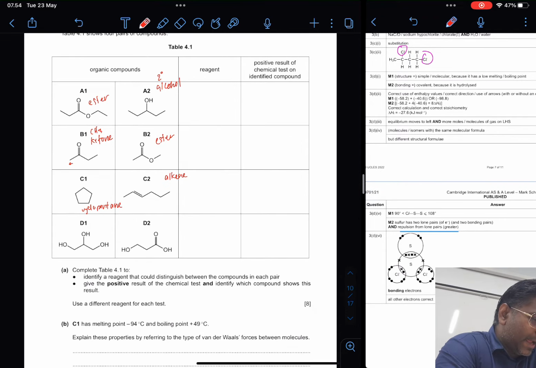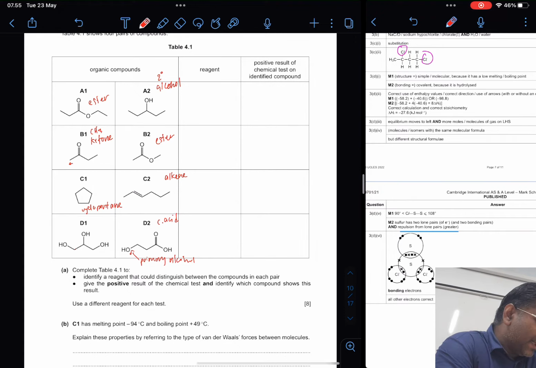And then I have alcohol with many OH groups, and I have carboxylic acid here, and I also have alcohol, but in this case, what kind of alcohol? In this case, it is going to be a primary alcohol.